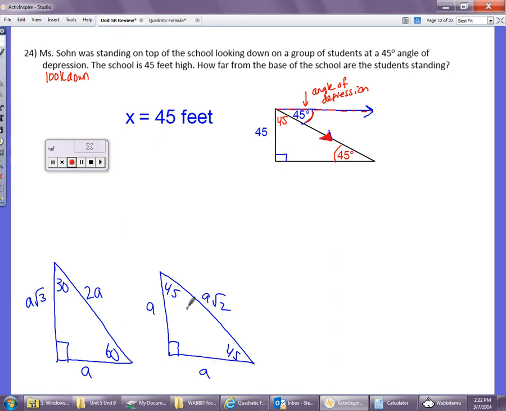That means each side is going to be a, and the hypotenuse is a radical 2. Being that this side and this side are going to be the same, no work has to be shown. This is a 45, 45, 90 triangle. So how far is the base of the school to where the students are standing? This is the horizontal distance you're looking for. It's 45 feet.